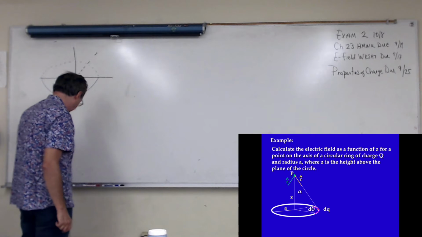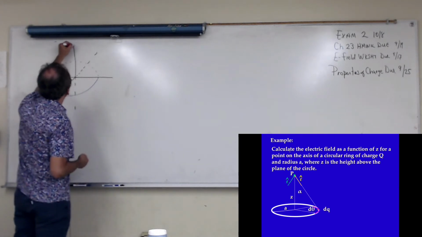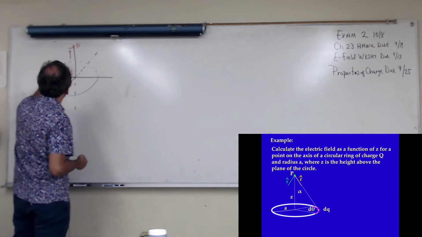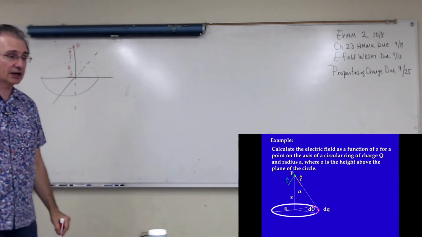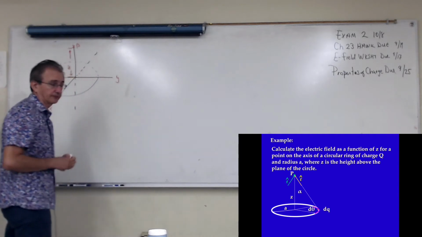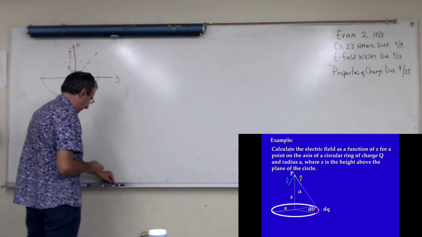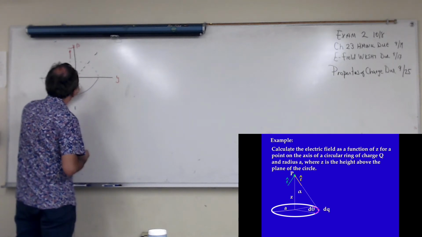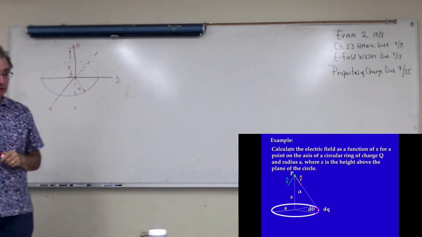I want to calculate the electric field at this point P, which is a distance z above the XY plane. The radius of this ring we'll call a.